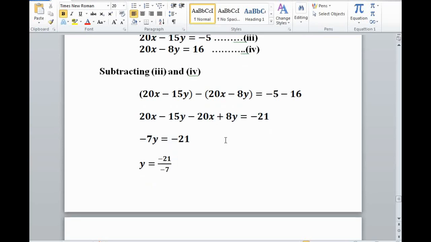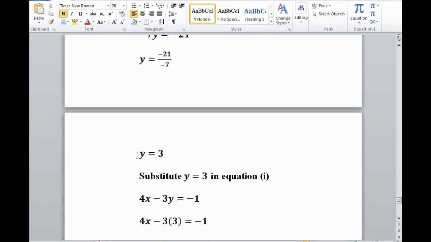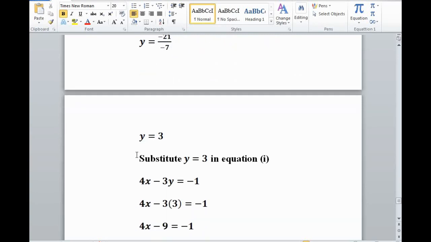To find y, let's take this -7 from left to the right side, or you can also divide both sides of this equation by -7 because we want to eliminate -7 from the left hand side. So this equation becomes y equals -21 upon -7, minus multiplied by minus is plus, and 7 times 3 is 21. So y is equal to 3.